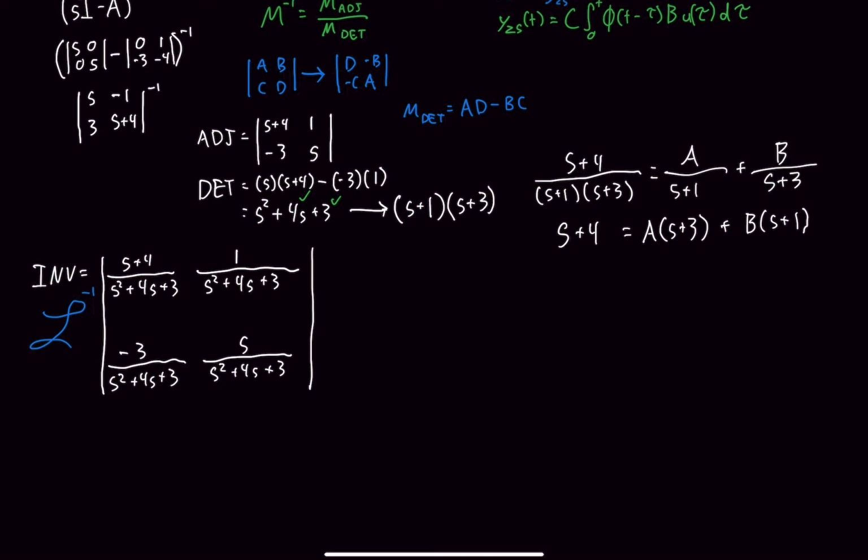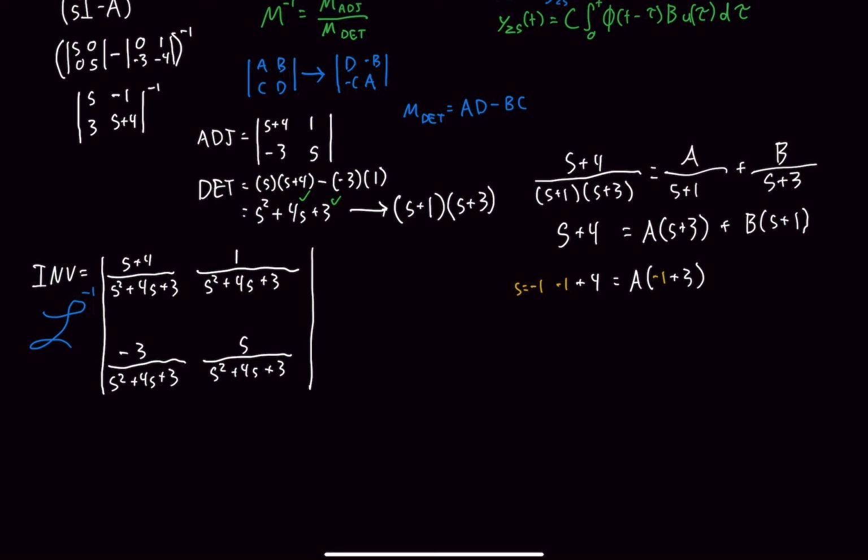Now let's substitute in values to find our A's and B's. Let's say s equals negative 1. So we get negative 1 plus 4 equals A times negative 1 plus 3, and the B term just simplifies to 0.